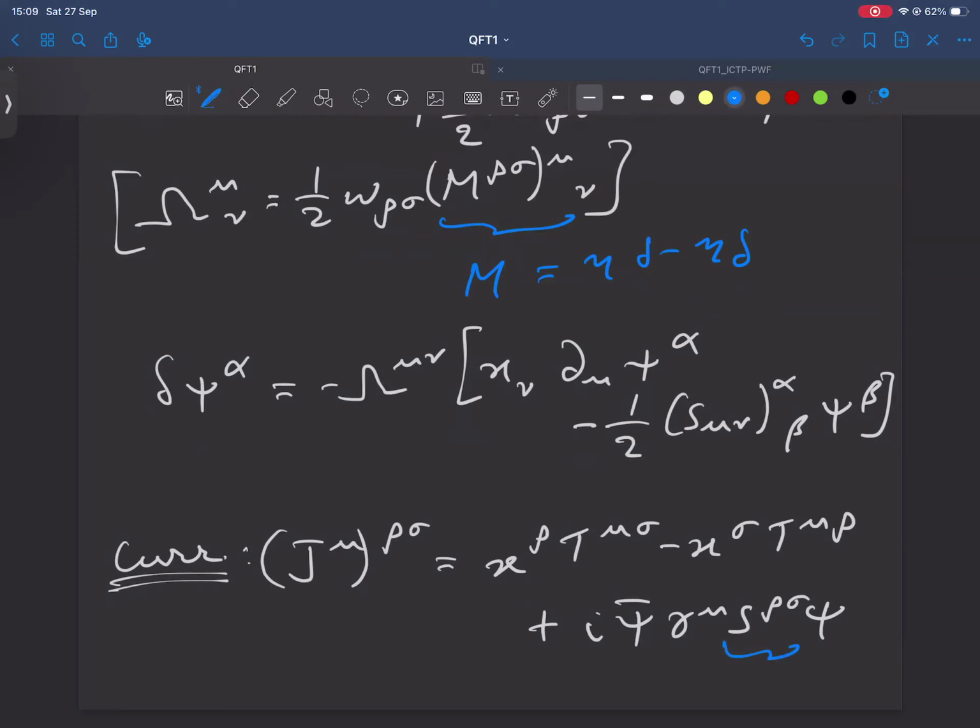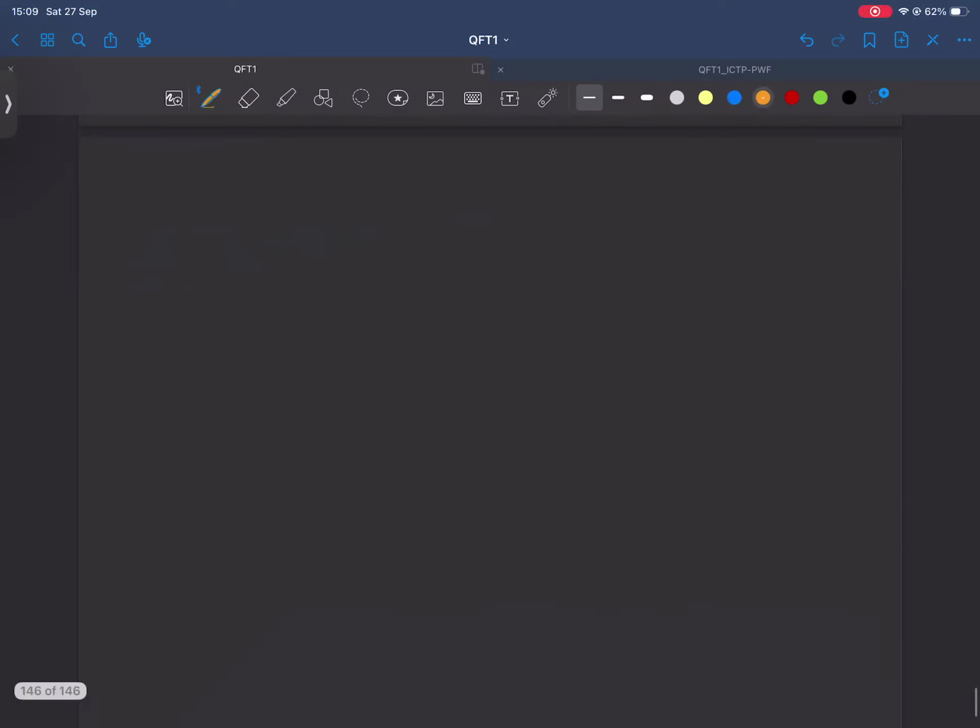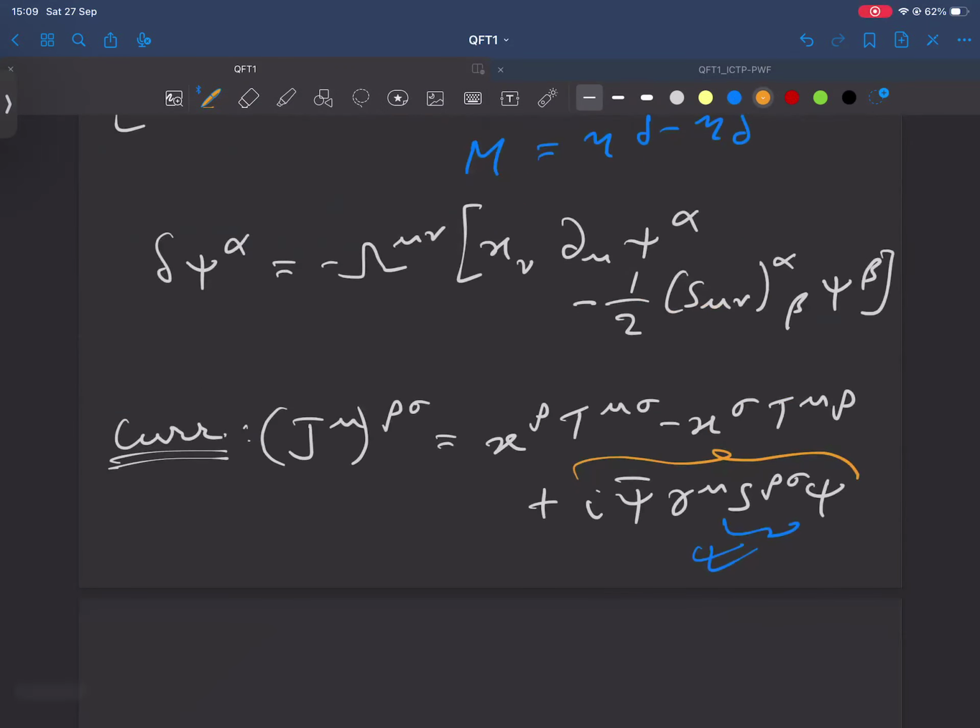So this extra piece was absent in the scalar case, because obviously a scalar is not a spinor. So the spinor properties, as we have argued so much, were captured by this S. That's why under rotations and boosts, because spinors transform in a way that we have already discussed, you will get an extra piece like this. And when you do QED, you will also get something like that, but not for a spinor part, but for the vector index there. And you will see what that comes to.